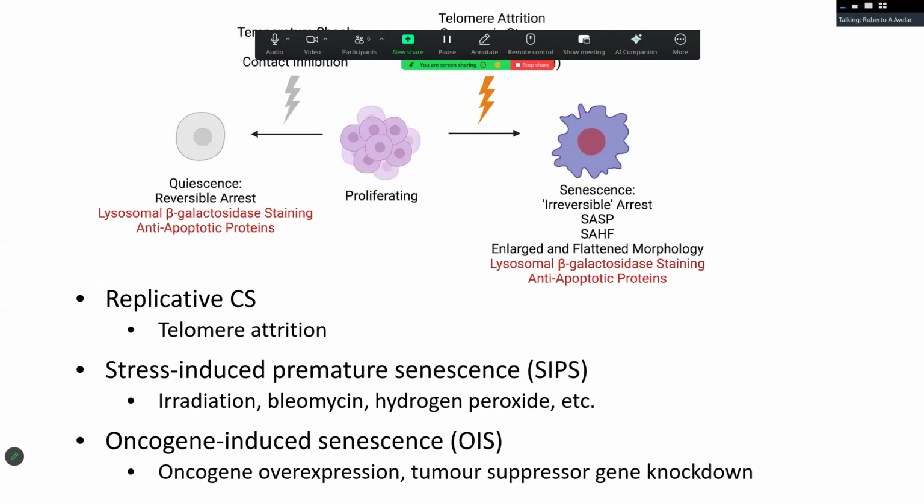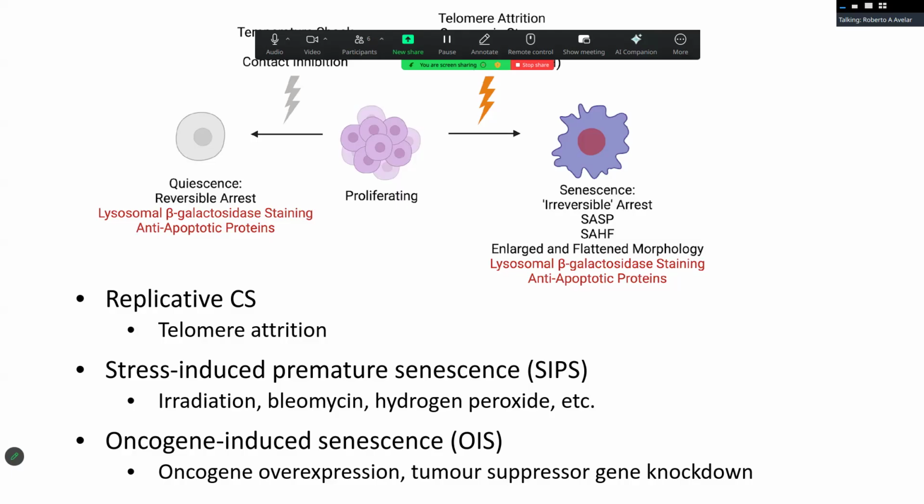So I'm a cellular senescence scientist, and basically this is a very poorly defined phenotype. Mammalian cells, when they are stressed, tend to arrest. And this arrest is either reversible or irreversible, depending on whether the damage is oncogenic or, if there's DNA damage, to what extent there's DNA damage.